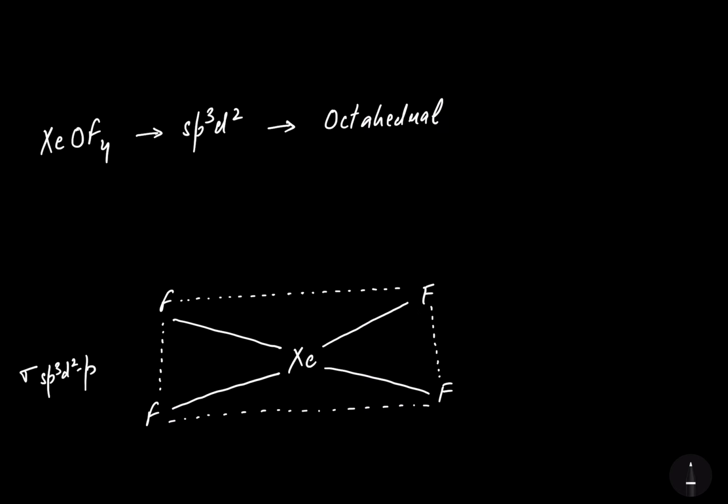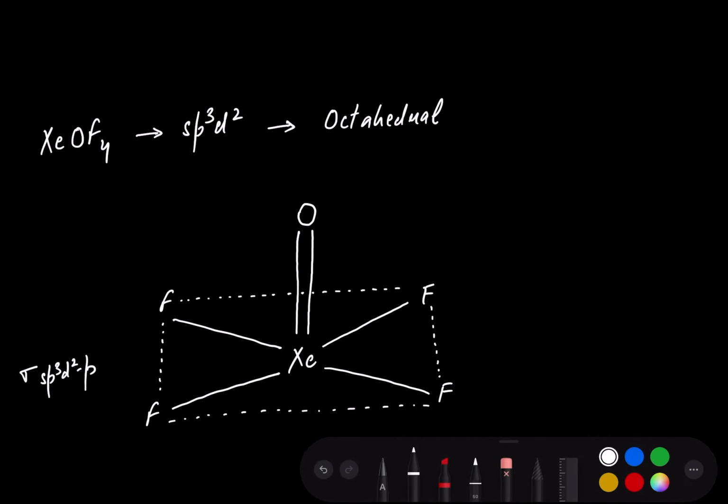Now let's talk about the oxygen. Oxygen is forming one sigma bond with xenon and one pi bond with xenon. And here also the sigma bond is sigma sp3d2-p.